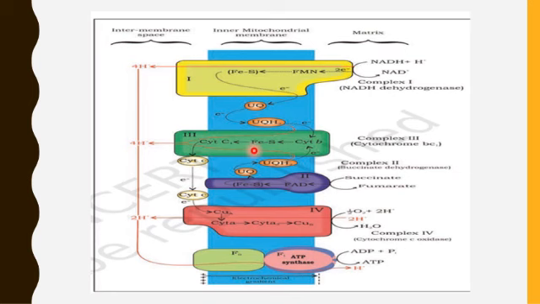In this image you can see the electron transport chain present in the inner mitochondrial membrane. So these are FMN, FeS, and this UQ means ubiquinone, UQH2 means reduced ubiquinone.